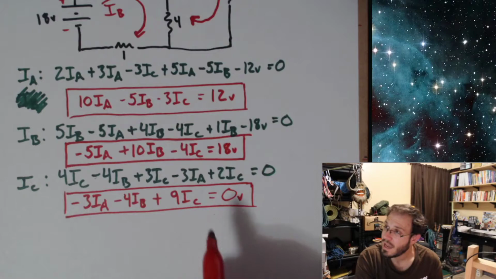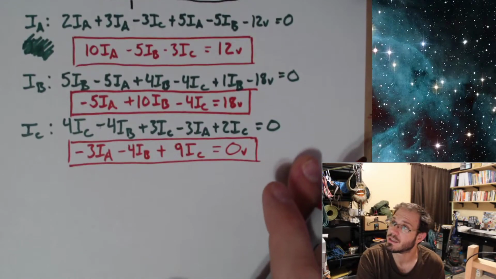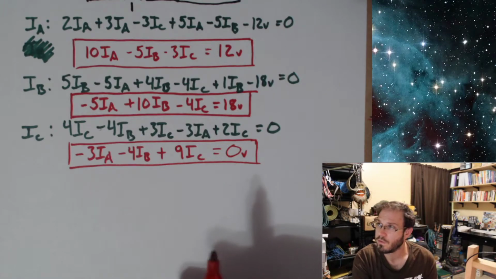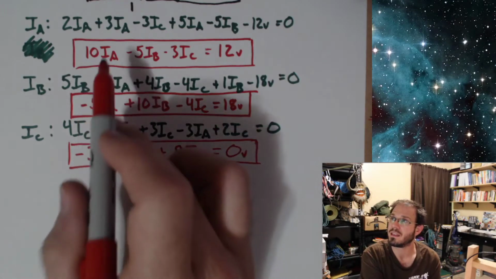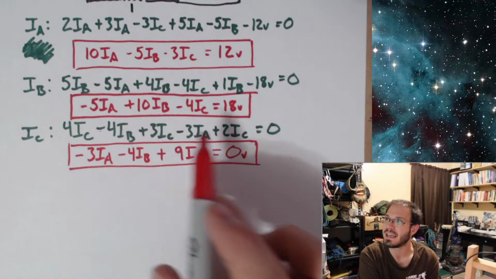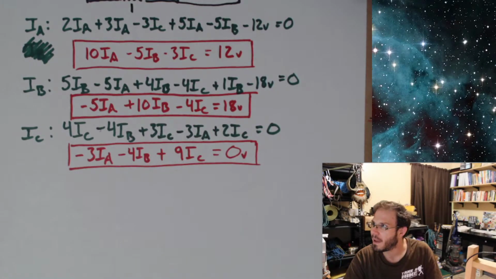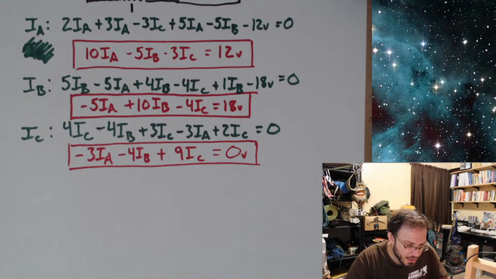Okay, so now we have three expressions. Now we have three equations, we have three unknowns, so we can solve the system of equations to get the values for IA, IB, and IC. There are many methods to do this. I will list out these methods here.